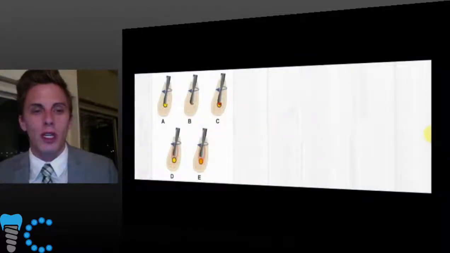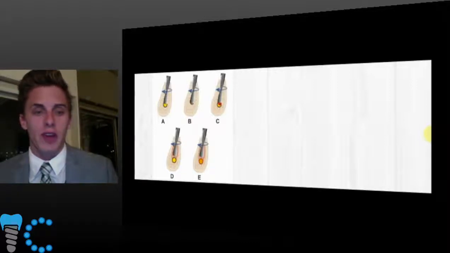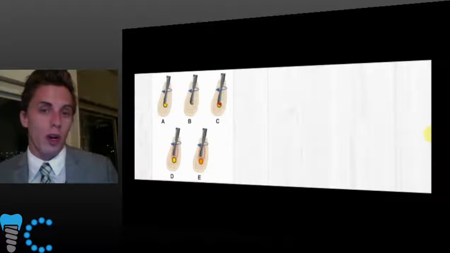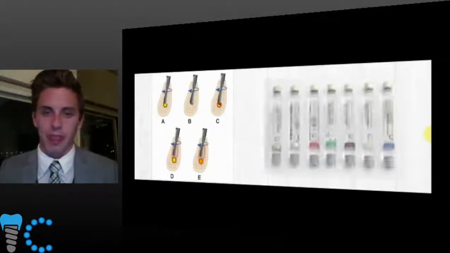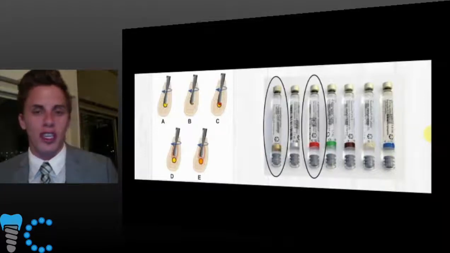This is a medical illustration showing the 5 different ways that we can actually do damage to the inferior alveolar nerve canal. This is a cross section of a mandible, and that circle is showing us where the nerve is. And we also quickly discussed that there are certain anesthetics that could potentially cause toxicity to the inferior alveolar nerve.